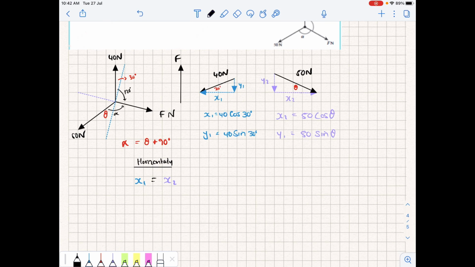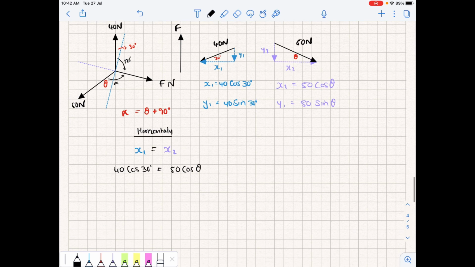So x1 is 40 cos 30 degrees, and x2 is 50 cos theta. Now we can just solve for theta.